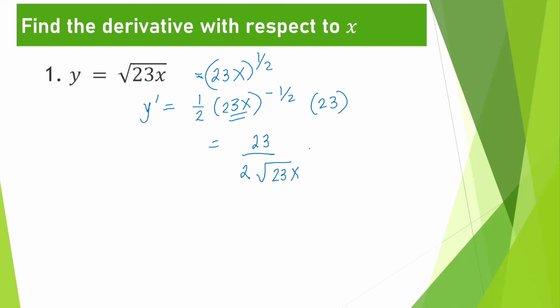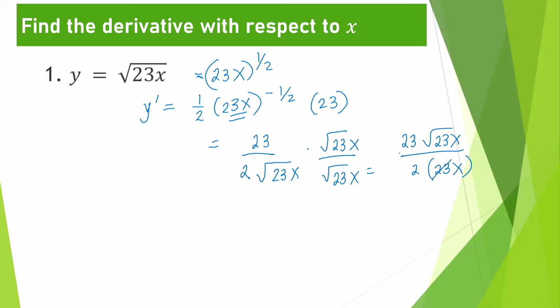If we rationalize this, we multiply by the square root of 23x, so this will be 23 times the square root of 23x all over 2 times 23x. So the 23's will cancel out.